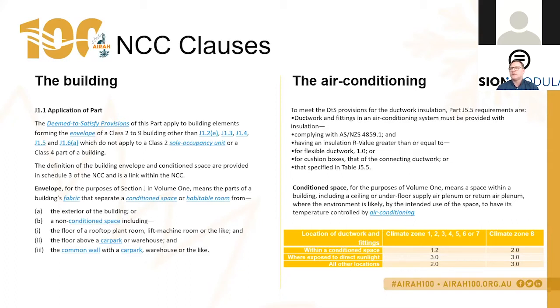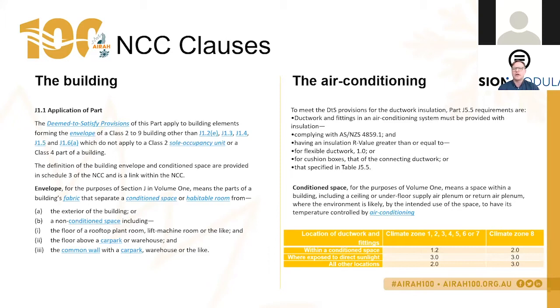Otherwise, the ductwork requirement for insulation is as per the table J5.5. And I've got a copy of the table there. You can see the values based on climate zone and the location of the ductwork. So whether it's in a conditioned space, exposed to direct sunlight, or all other locations.